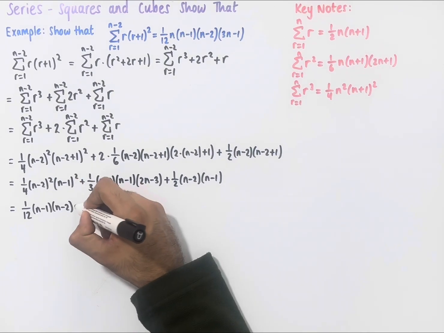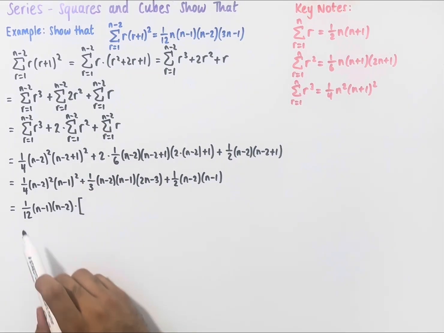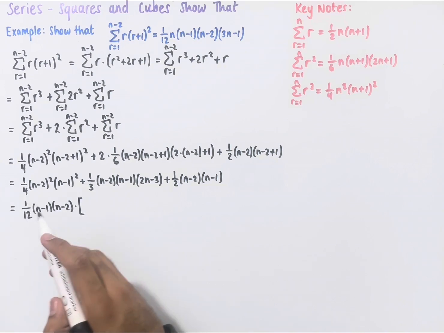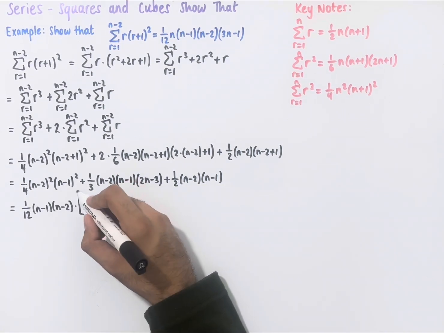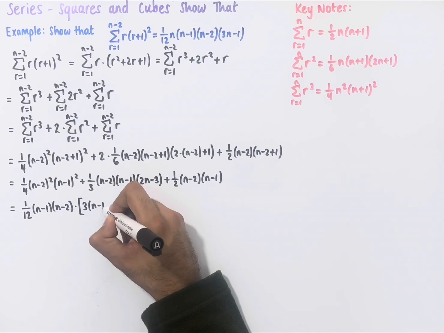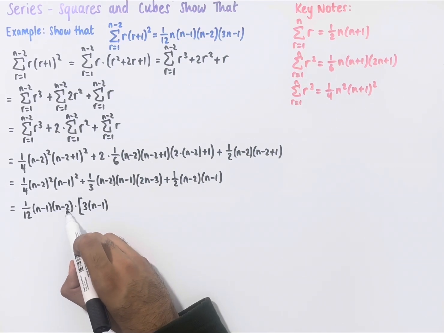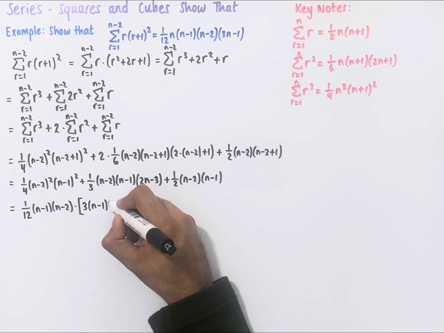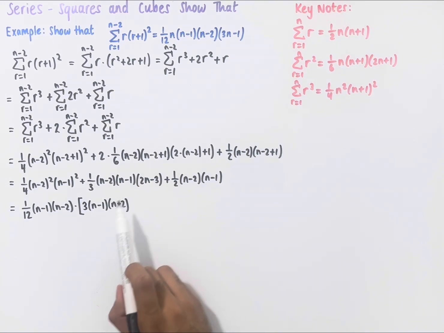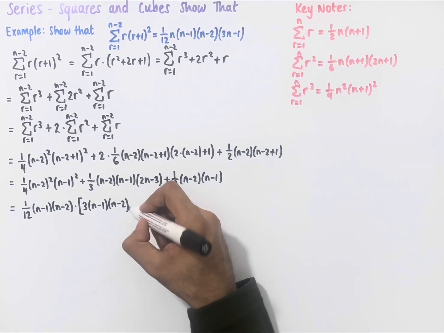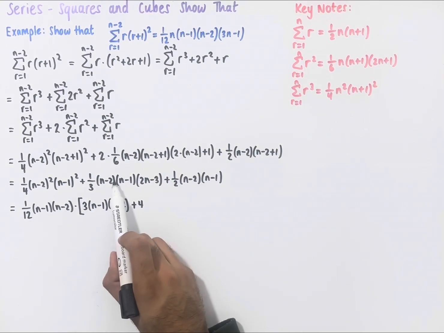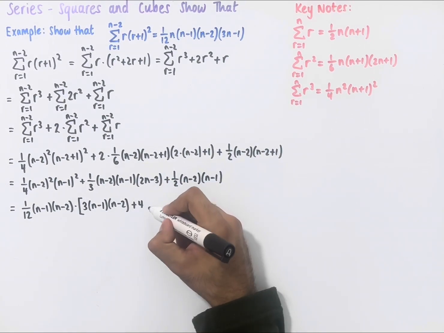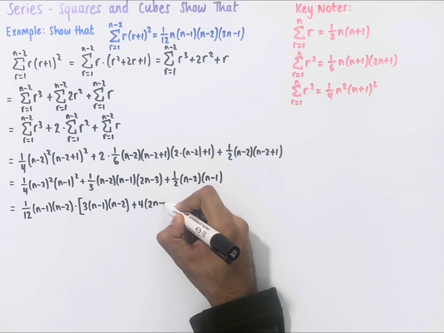So now we're left with, inside squared brackets, a 12th times 3, which gives us a quarter. Since we factorized n minus 1 out, we now have a single n minus 1 in brackets, and since we factorized n minus 2 out from this term, we have a single n minus 2. The second term, a 12th times 4 gives you a third, so we have plus 4, and we factorize the n minus 1 and n minus 2 out, so we're left with, in brackets, 2n minus 3.